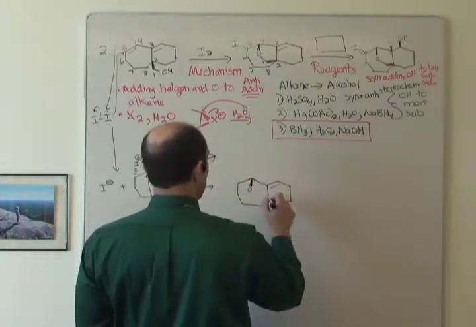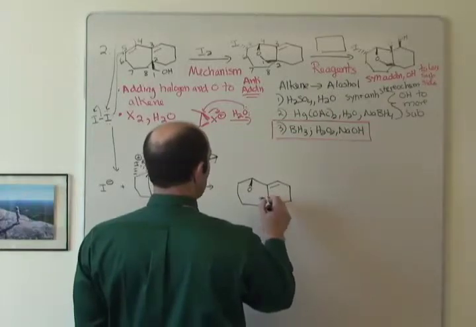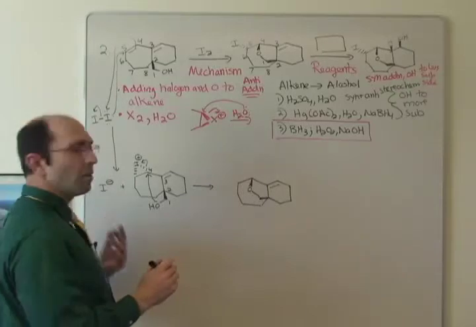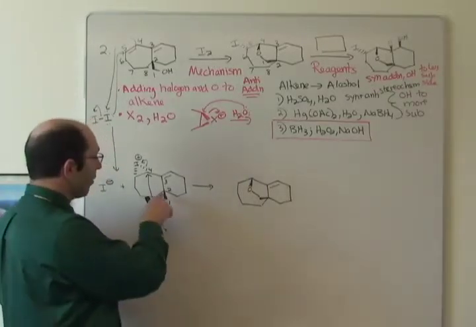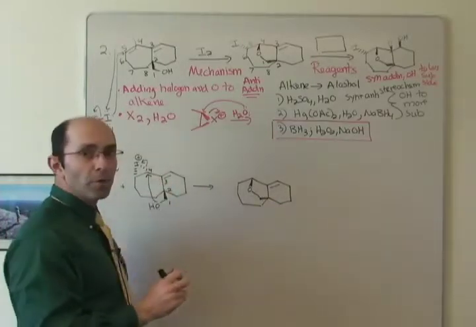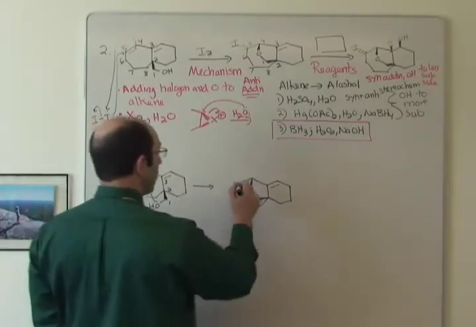And again, it's an anti-attack. We know that has to be the case because the I minus is blocking the bottom face. And if you think about it, we have a bond coming out at us where the oxygen is, so it makes sense that it's going to form a new bond coming out from the front as well.